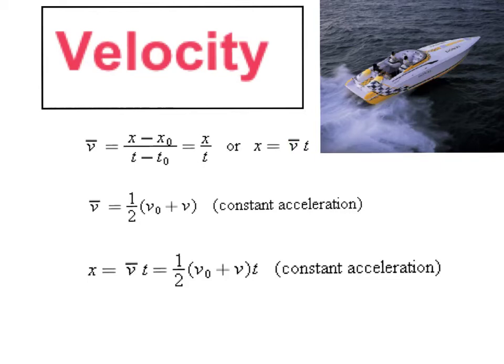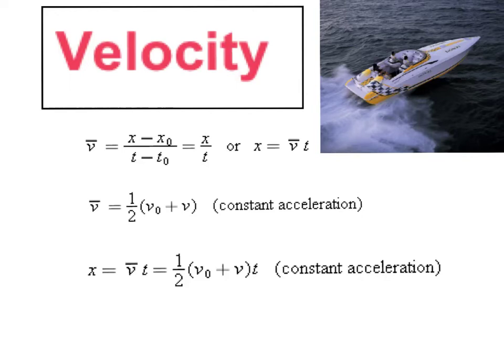Now, if our velocity is not changing, then that's the equation that we use, because average velocity is just the velocity. But if our velocity is changing, then the average velocity is equal to 1/2 times the sum of the initial velocity and the final velocity.